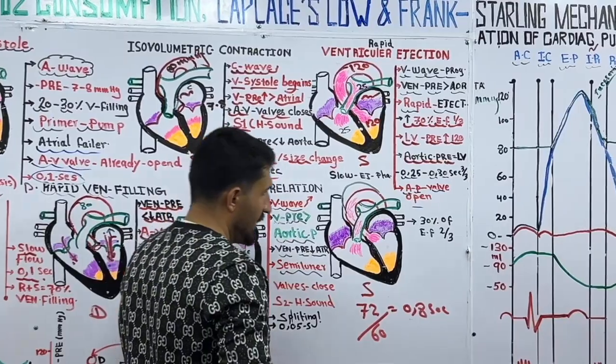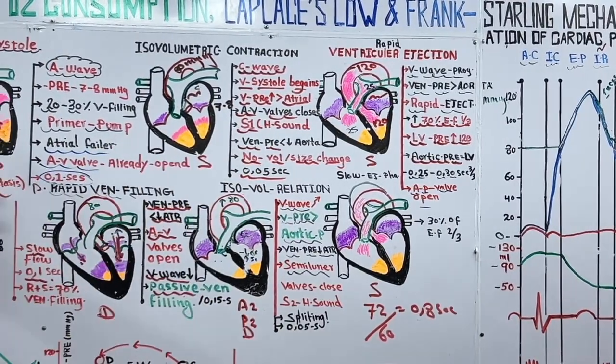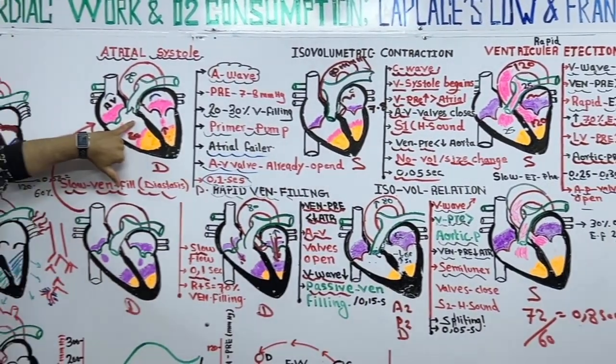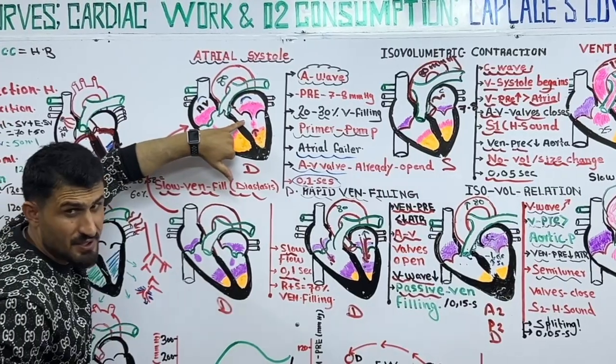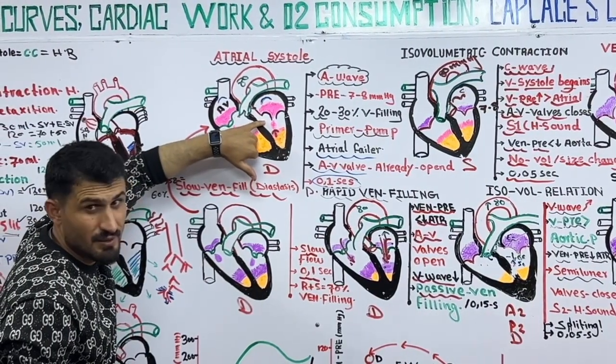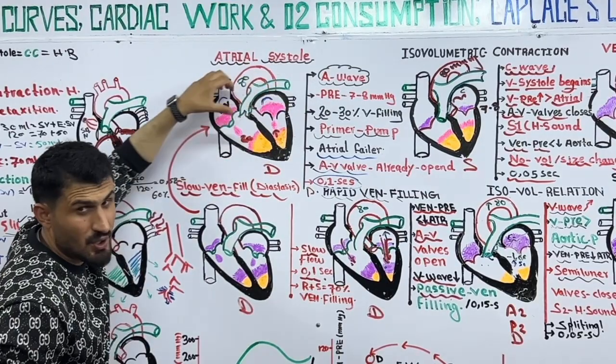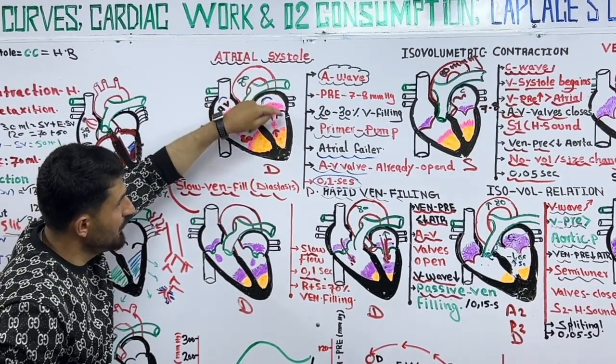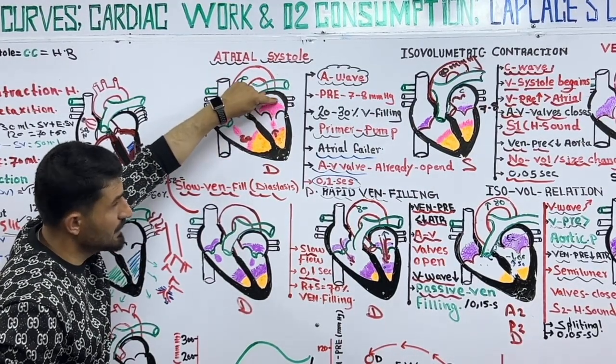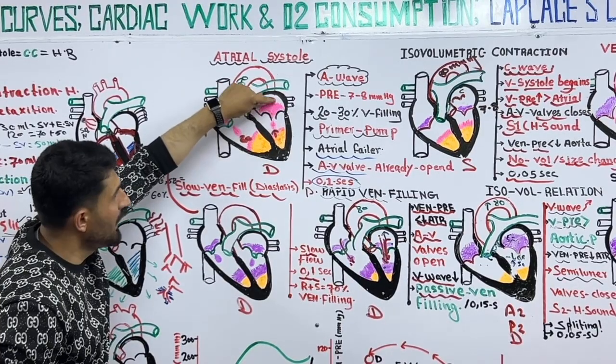Got it? So now in this stage, 70 up to 80% of ventricles was filled passively, and when atria contract, in the left side, it fills the left ventricle furthermore.